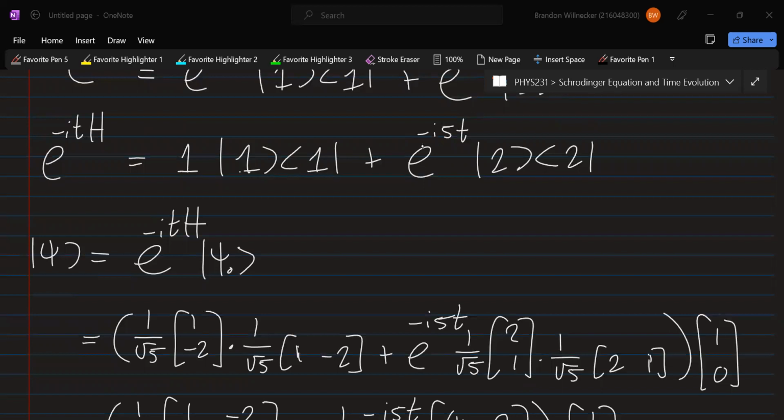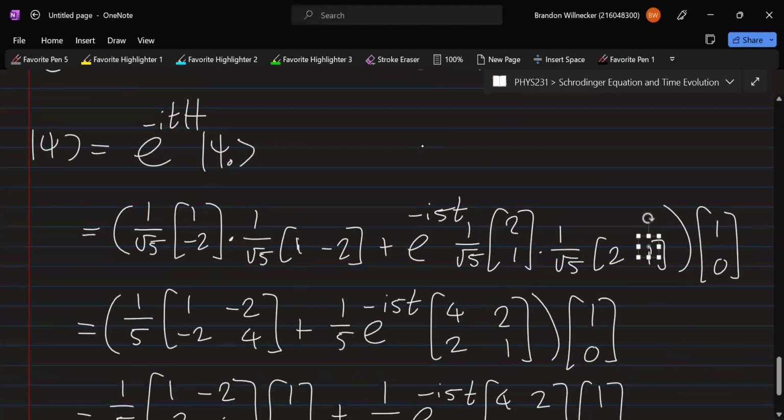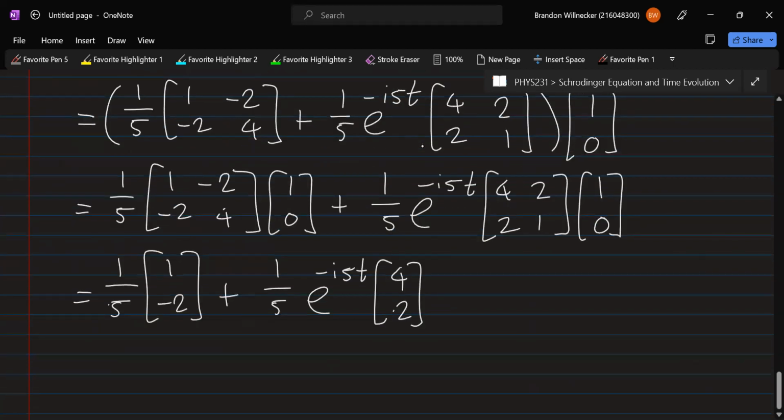Remember, the kets are column vectors and the bras are row vectors. Multiplying them together gives us matrices. And then the matrix times the state vector, which is a column vector, gives us another column vector, and that's our new state. Okay, so everything's relatively easy once we find the projectors and the eigenvalues. So this way is perfectly acceptable.